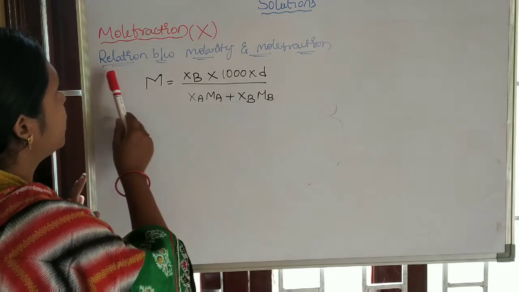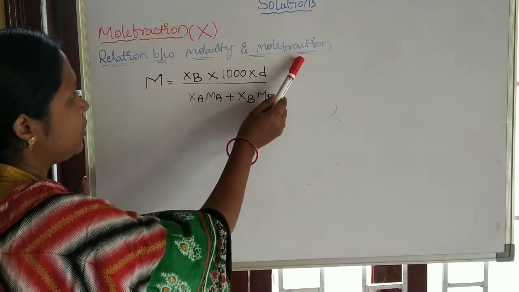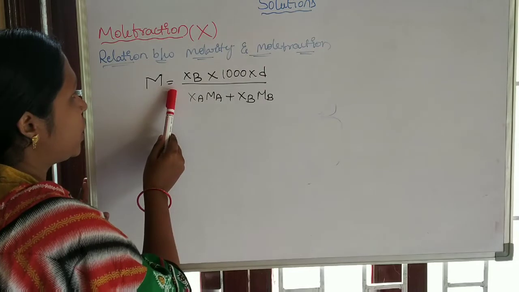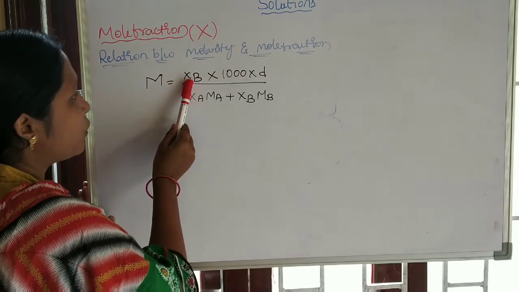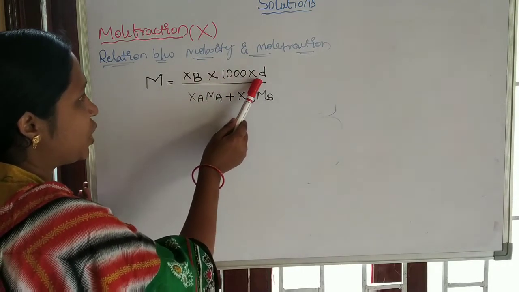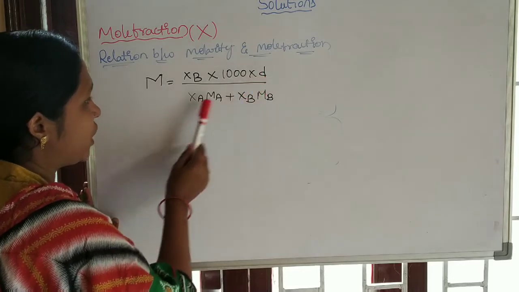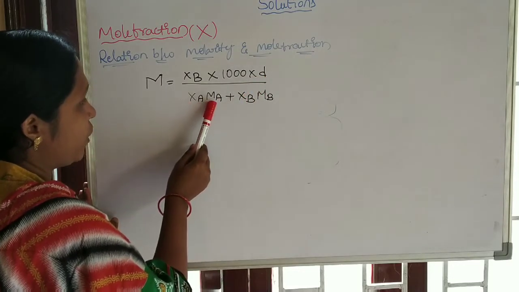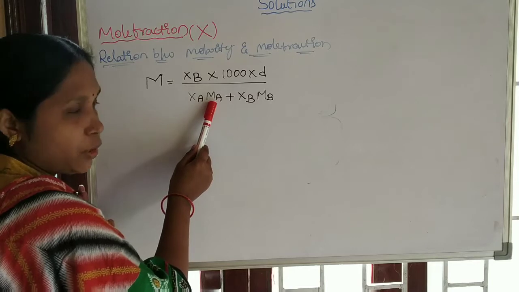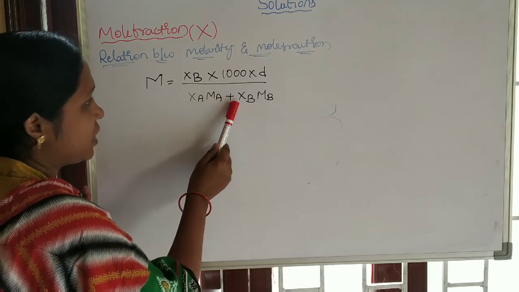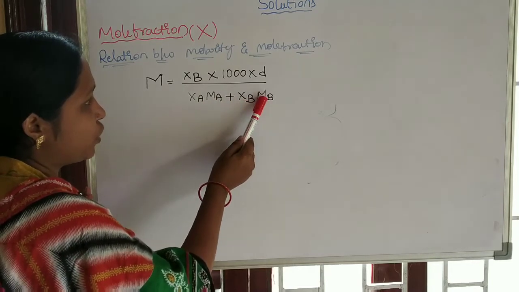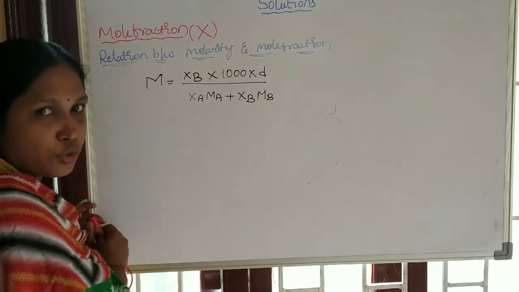See the next one, relation between molarity and mole fraction. Molarity equals mole fraction of solute into 1000 into density of solution, divided by mole fraction of solvent into molecular weight of solvent plus mole fraction of solute into molecular weight of solute.